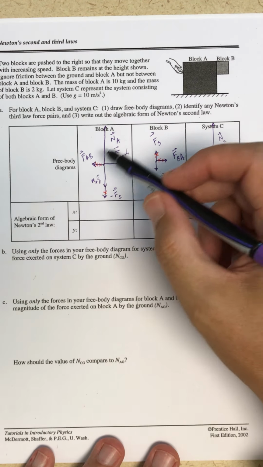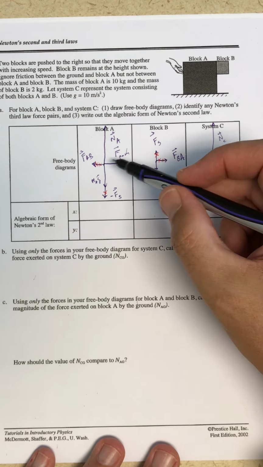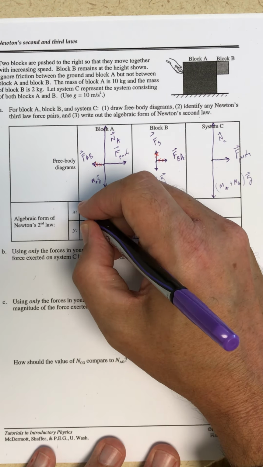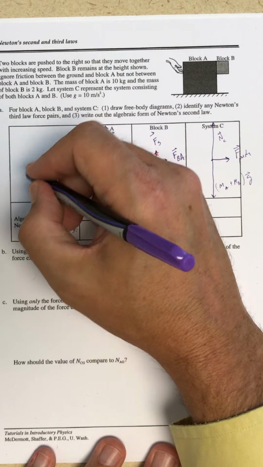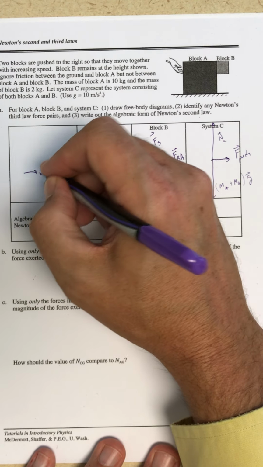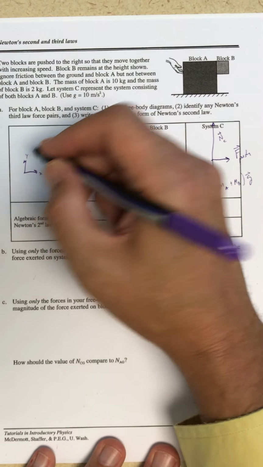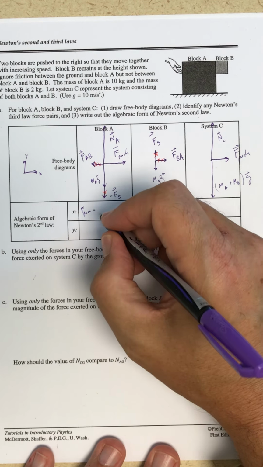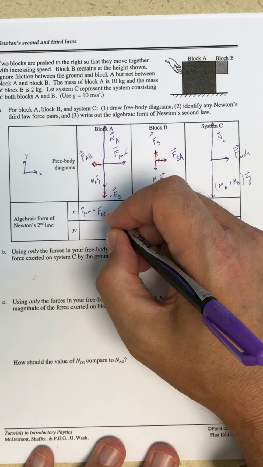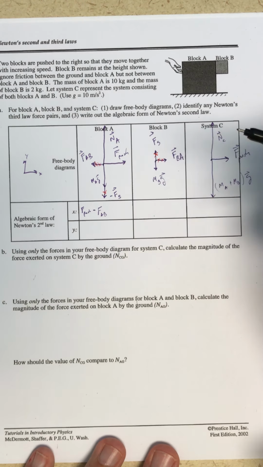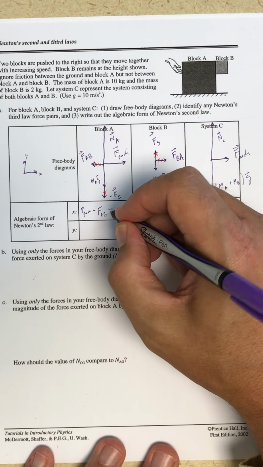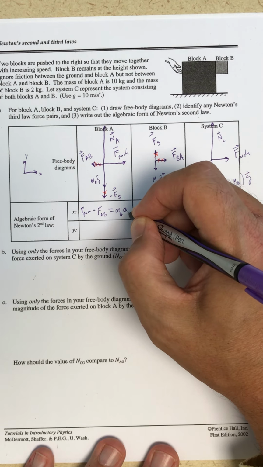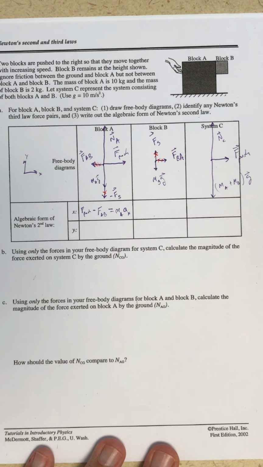From the free body diagram for A, I'm going to have the force of the push in the x direction, and the force on A due to B in the negative x direction, and that is going to equal the inertia of block A times the x component of its acceleration.